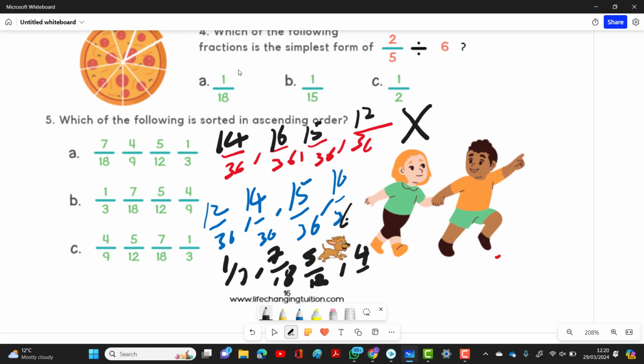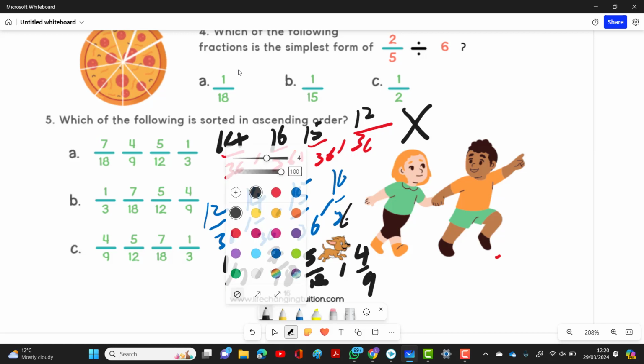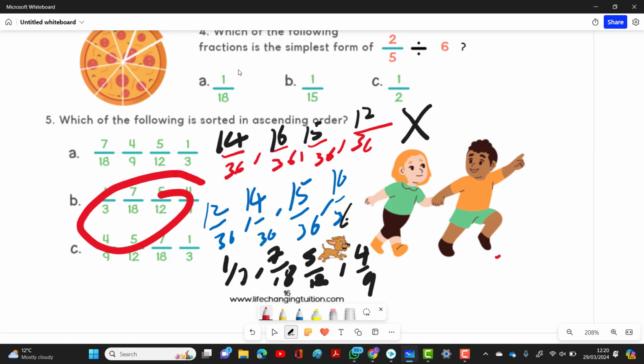So that's the order it should be. And so that matches this one here. So the answer to number 5 is B. Okay, good. So that's the way to do that one.